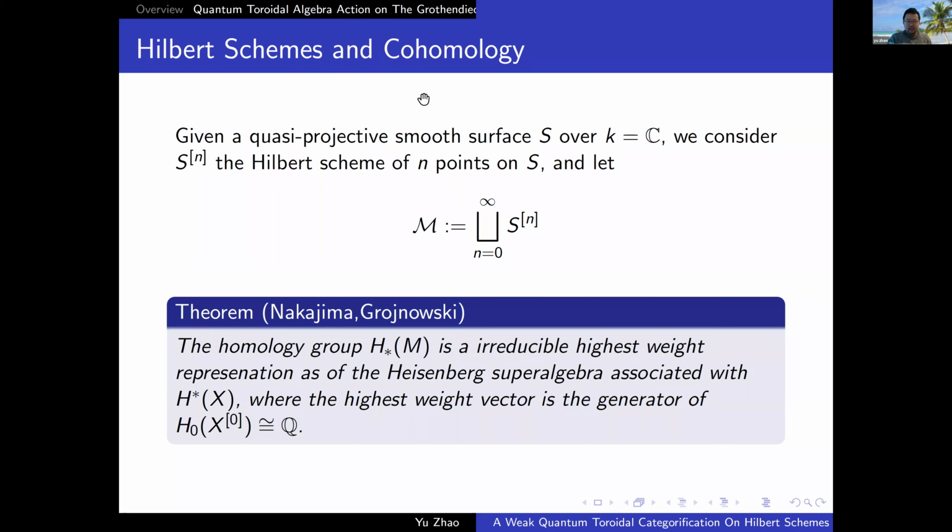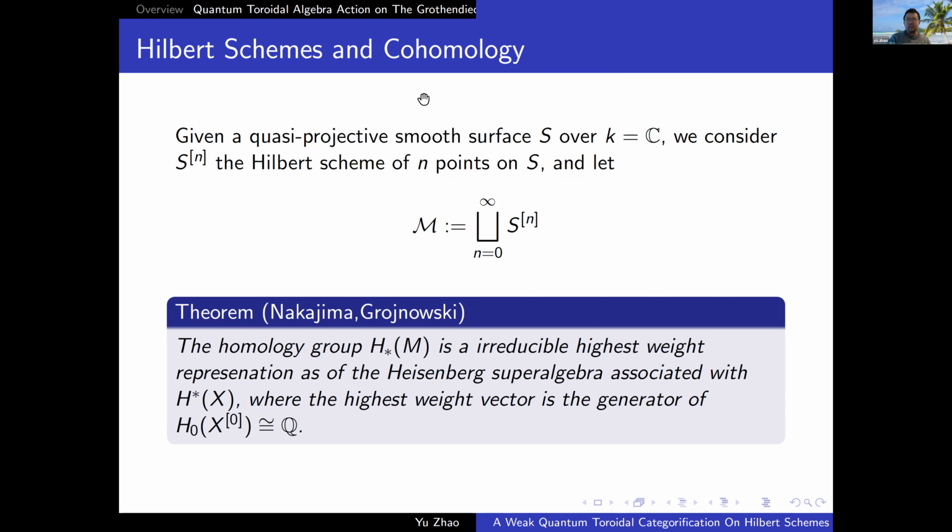And the famous result of Nakajima and Grojnowski explains that the homology group actually could be regarded as the irreducible highest weight representation of the Heisenberg superalgebra.